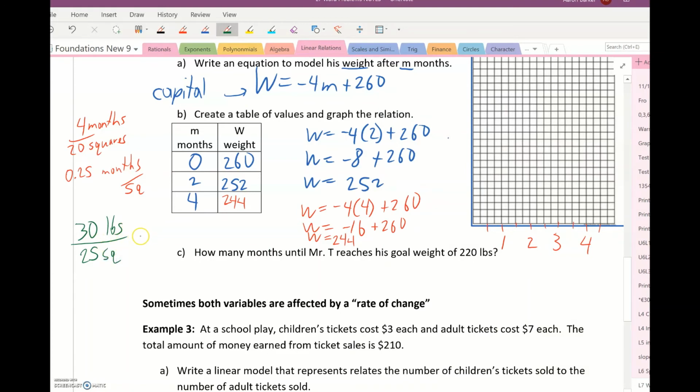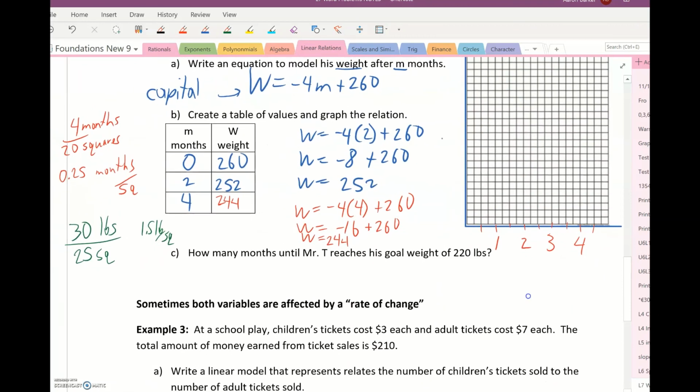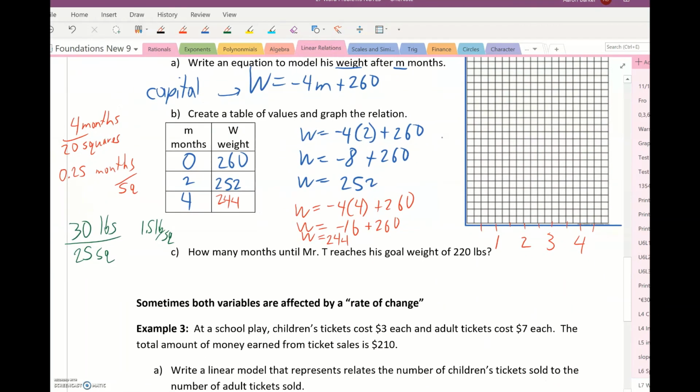So let's go 1.5 pounds per square. Okay, so what we're going to do is go up to about 230. So we're going to start here, and right here we will go 230.